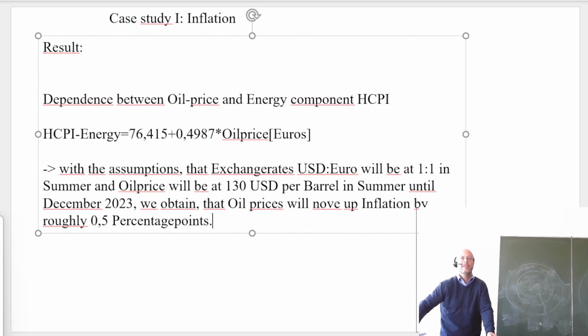You can also fit this dependence via a linear regression, and so on and so on. And with this, then you come to something like an inflation forecast where you also take these second and third order effects in your calculations. Okay, then I will stop for today.